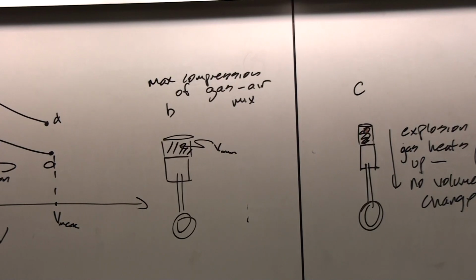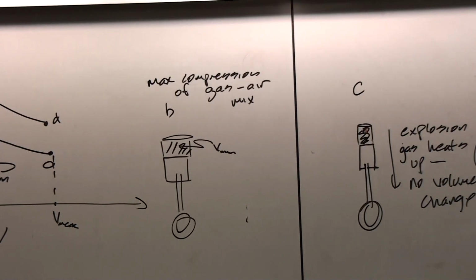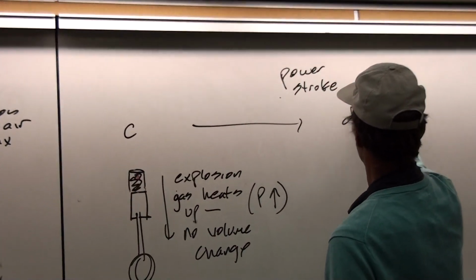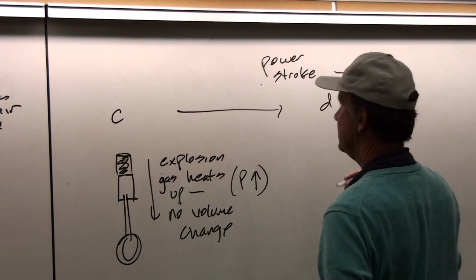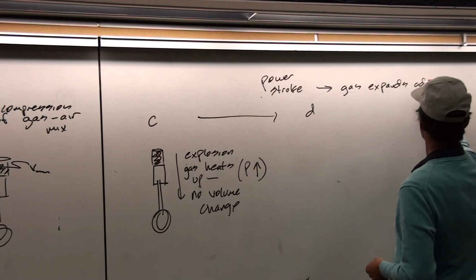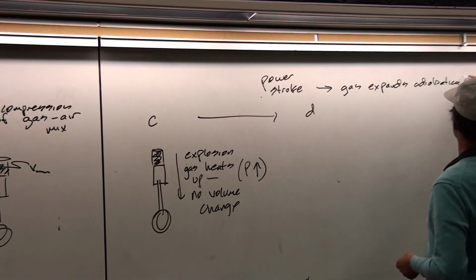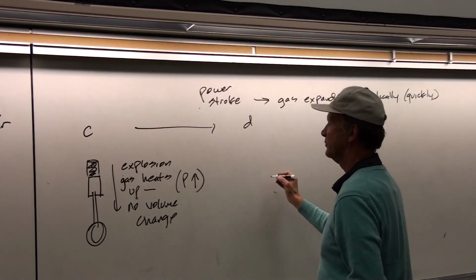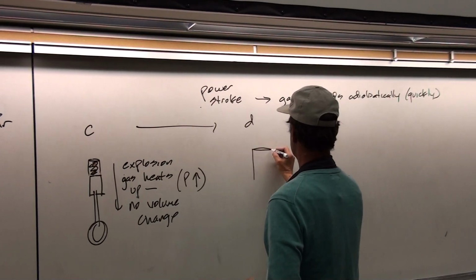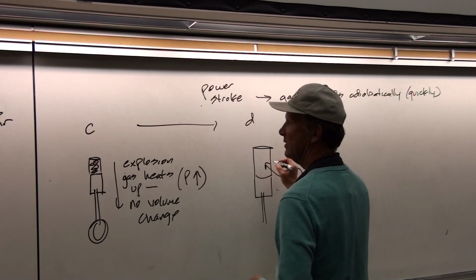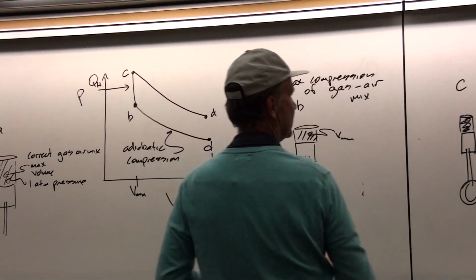So that's the big payoff. So the gas then expands adiabatically, which means quickly, to point D. While that's happening, here's our gas, here's our piston, and now our piston's back down at the original volume, which is V max.